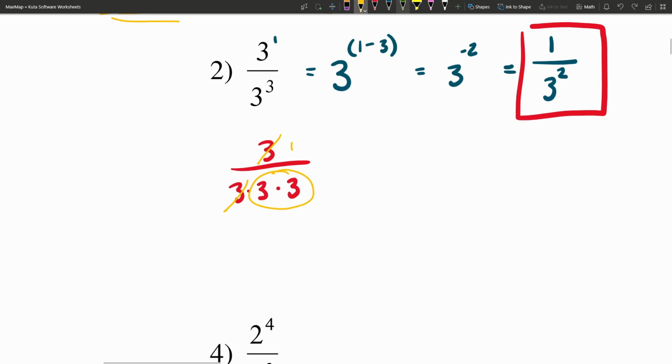So again, noting if we had a variable x raised to a power of, let's say, a negative 5, all we're going to do is write this in fraction form so that we can have a positive exponent as 1 over x to the positive exponent, so 1 over x to the 5th. So remembering that, let's continue on to number 3.